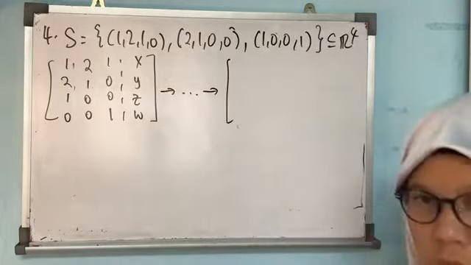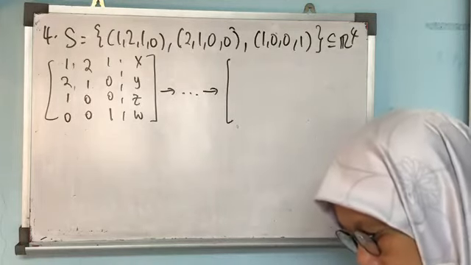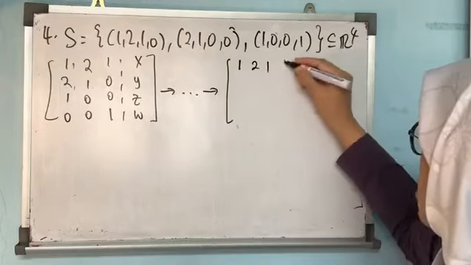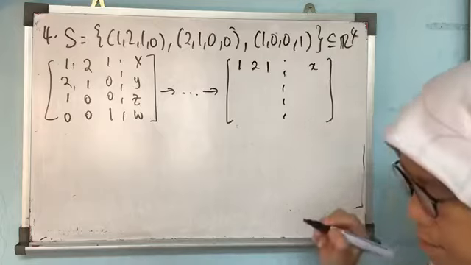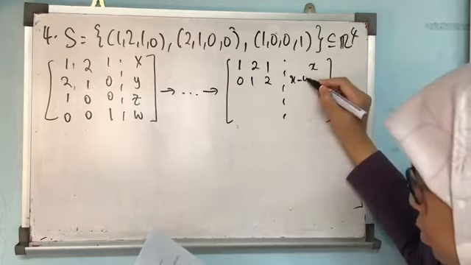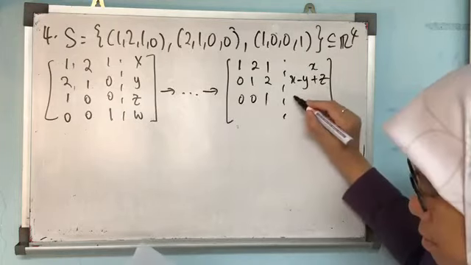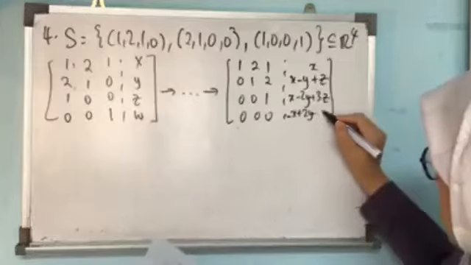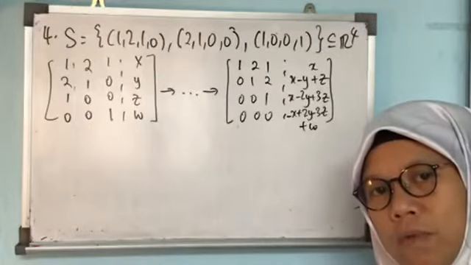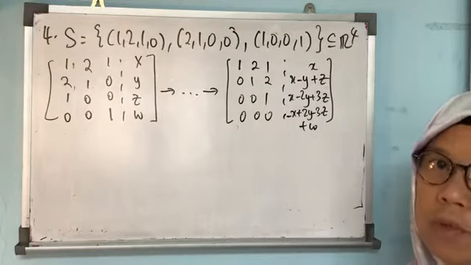Make sure you know how to get to the end. This is just row operation. At the end, you will get 1, 2, 1, X; 0, 1, 2, X minus Y plus Z; 0, 0, 1, X minus 2Y minus 3Z plus W. So you have to be very careful when you're dealing with X, Y, Z and the row operation.